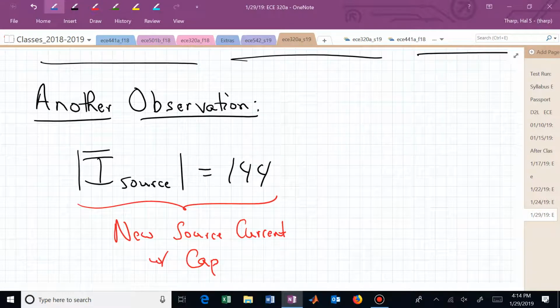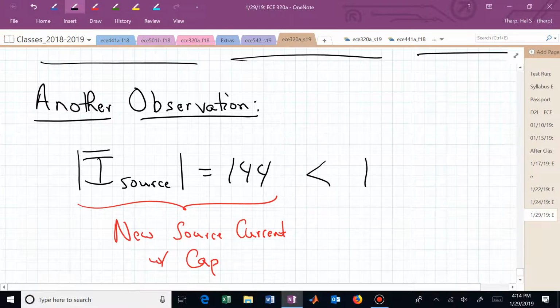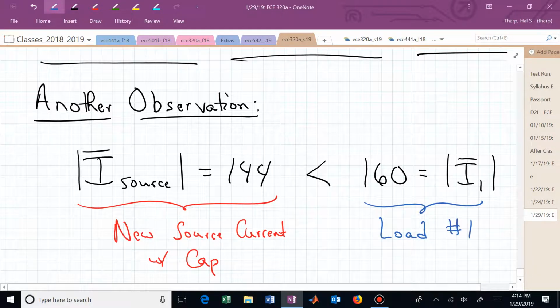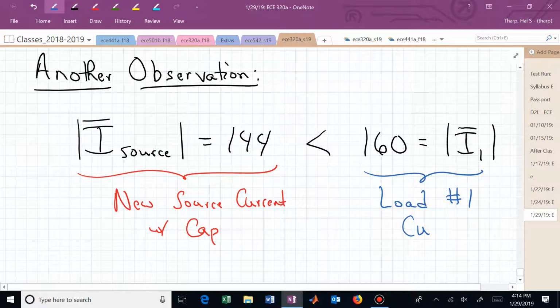What was the current magnitude associated with load number 1? Anybody remember? 160. This is now less than 160, which was the magnitude of I sub 1, the current magnitude for load number 1.